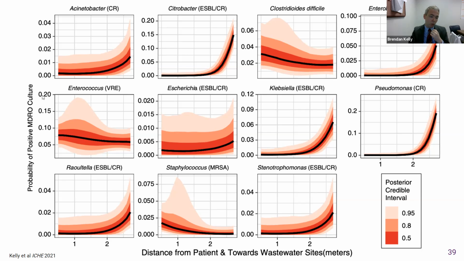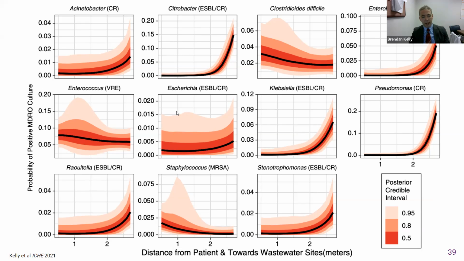So here on the y-axis, you have the probability of us finding the specific multidrug resistant organism, whether it's Acinetobacter or Citrobacter, Enterobacter, a bunch of different ESBL and carbapenem resistant gram-negatives, or MRSA, Pseudomonas, et cetera. And on the x-axis, the horizontal axis, you have the distance as you get farther away from the patient and towards the toilet.